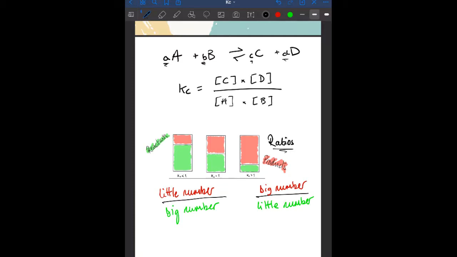Part of the whole stoichiometry, the balancing of the equation, we need to incorporate that in. So make sure that the C is to the power of c, D is to the power of d, A is to the power of a, and B is to the power of b. We need to get in those indices, and if we don't get those indices in, it's just not going to work. So we've now got a ratio of products to reactants. And that's what it's all about.